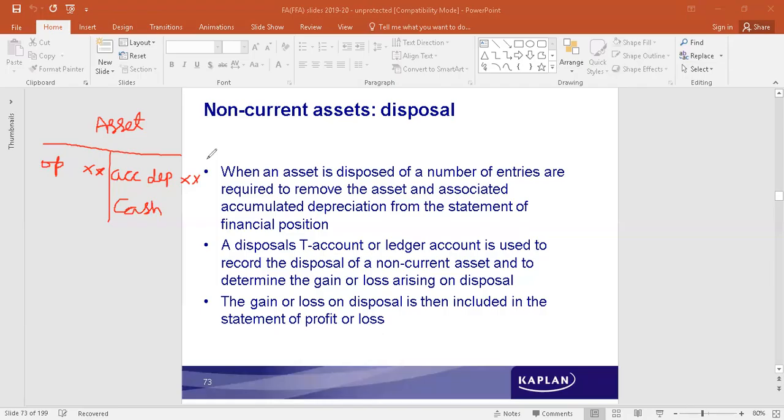If it is anything less than 40,000, let's say if it is only 38,000, it is 2,000 less, that 2,000 becomes loss. So here we would have it as loss, if any, if the sale value is less than the net value or the carrying value of the asset.